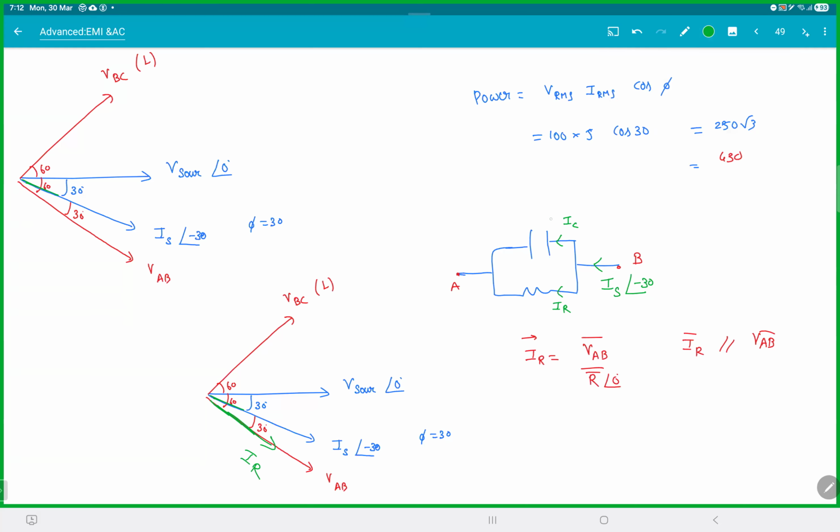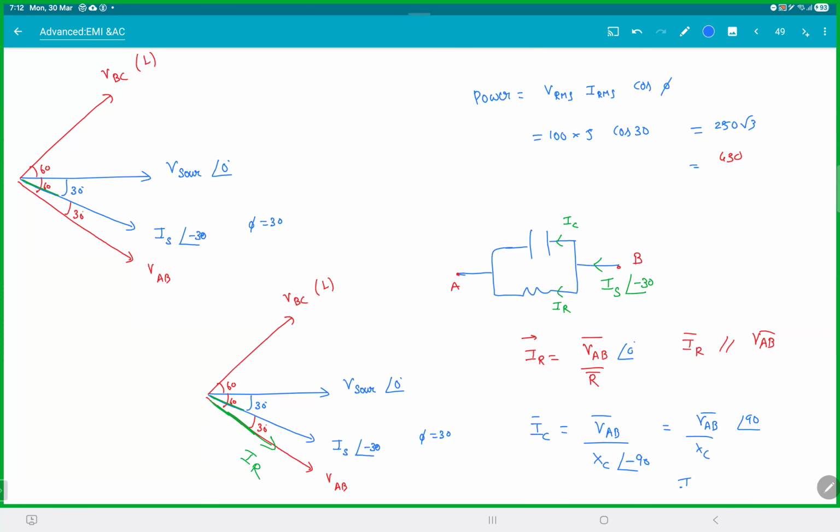And you can clearly see this is purely a capacitance, IC, which is VAB bar by XC. Capacitance is XC minus 90 degrees. So when it goes up, you get VAB bar by XC at 90. And this would be 0.